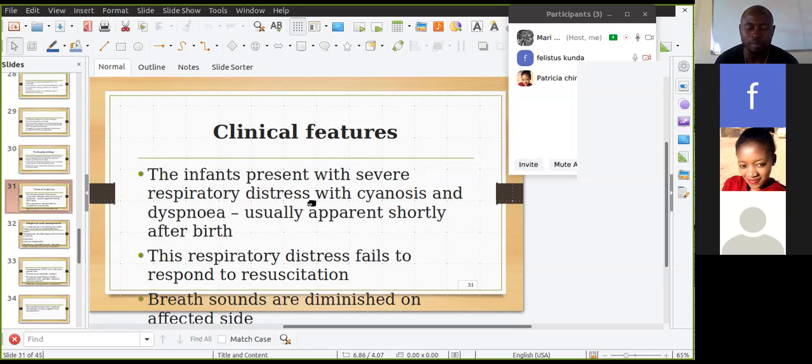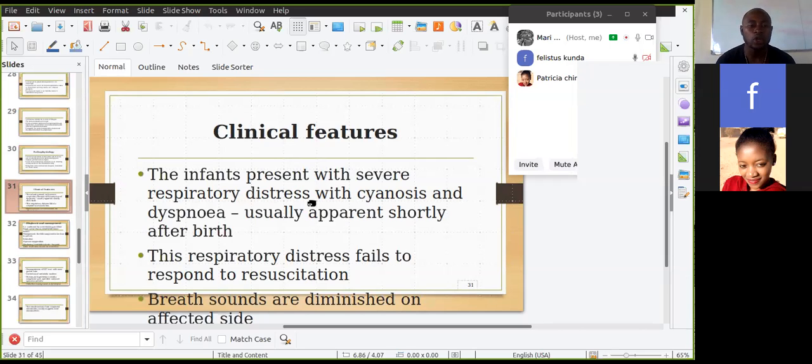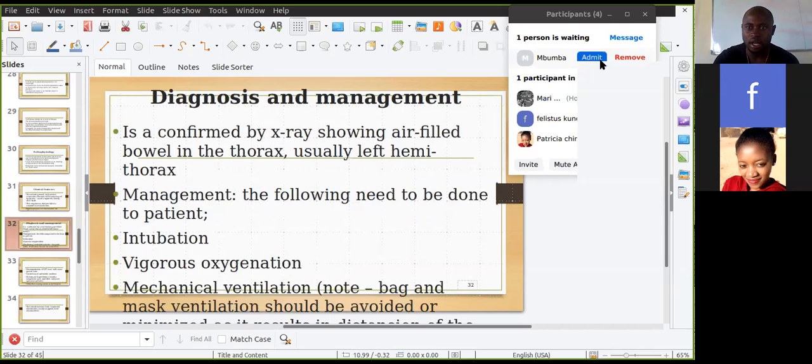You do resuscitation, but the baby does not respond to it. Also, there are diminished breath sounds on the affected side, depending on which side the hernia is found. So in that location, there will be diminished breath sounds.